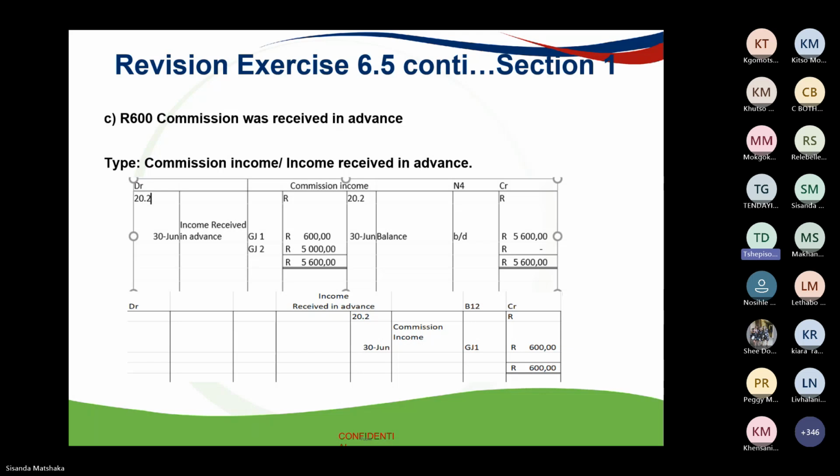Hence, when you see the two general ledger accounts, you will have the 600, which would be a debit for the 600. And then your income received in advance will also be the contra account for the commission that you received in advance.